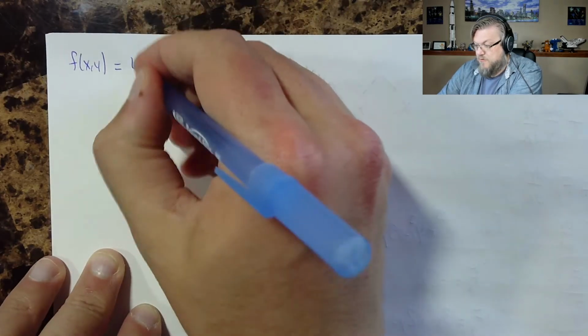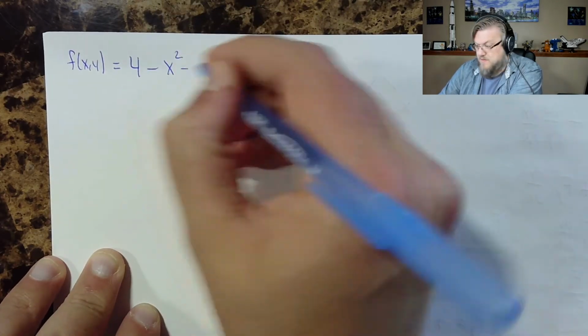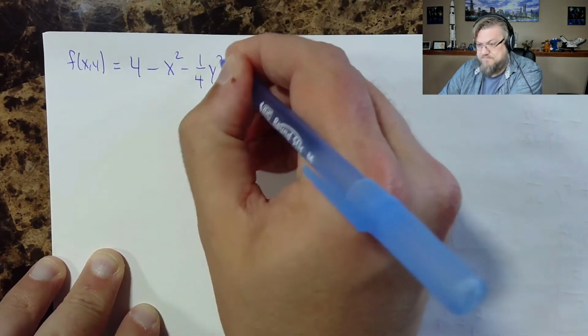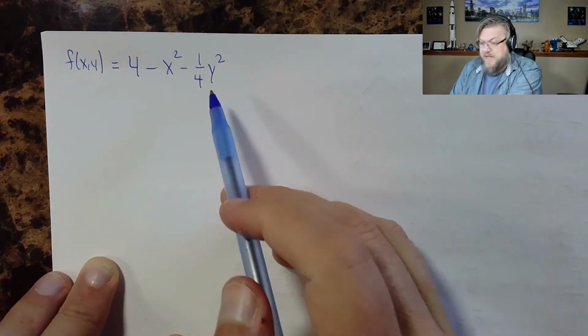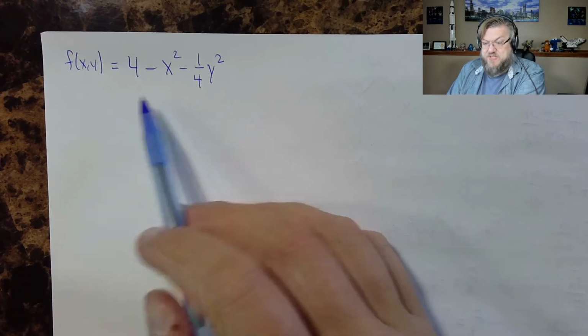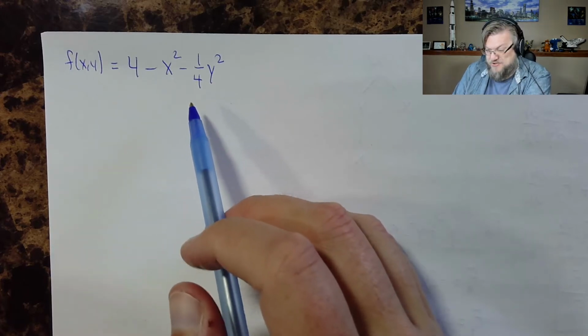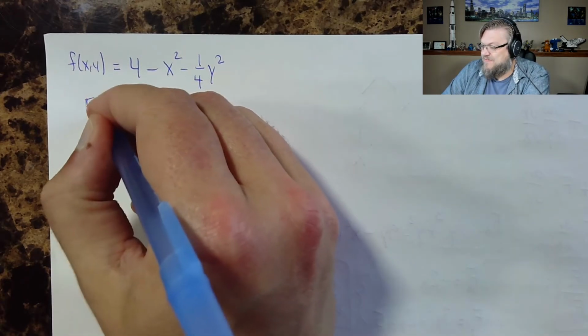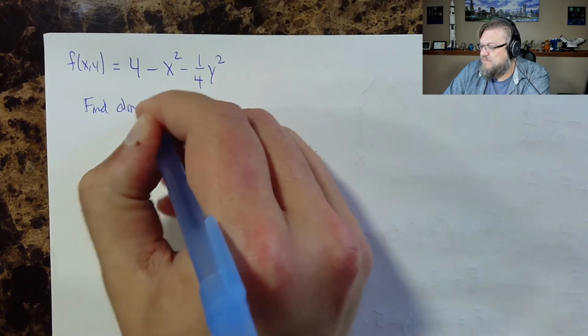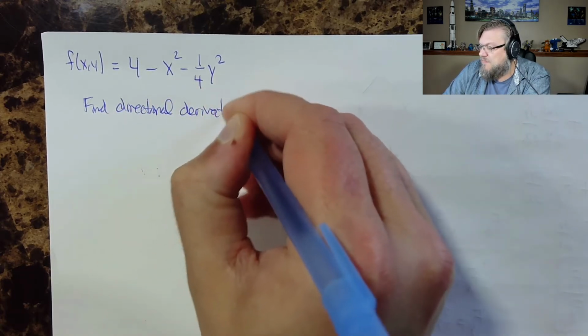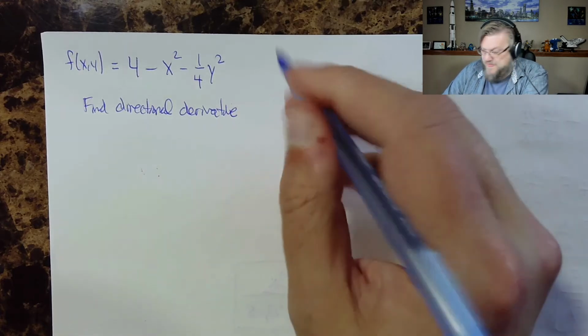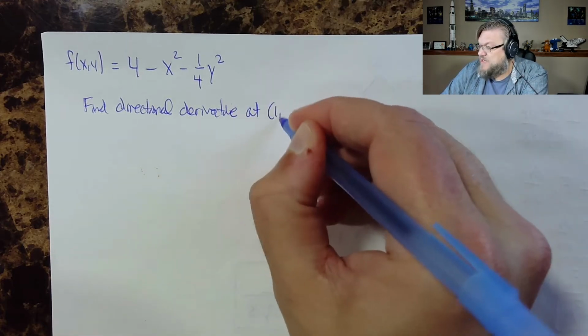All right, so here's my surface, f of x, y equals 4 minus x squared minus 1/4 y squared. We are interested in the slope of this, the directional derivative. Find the directional derivative at the point 1, 2.